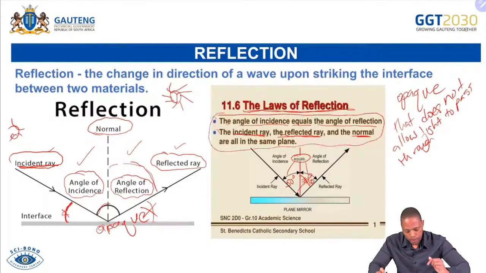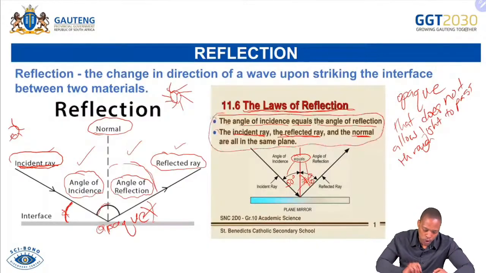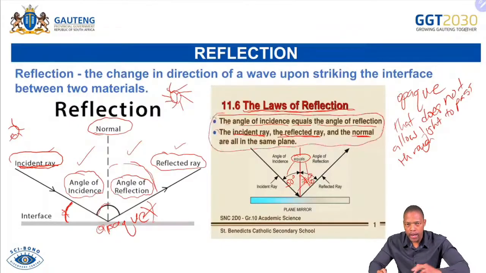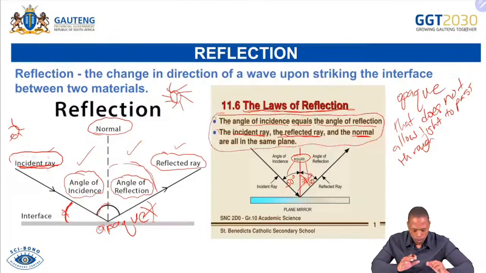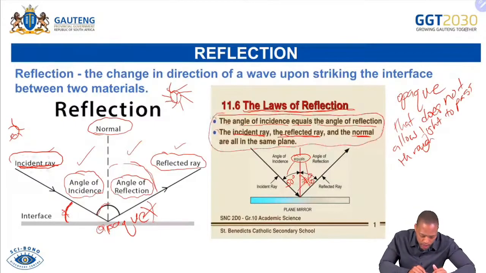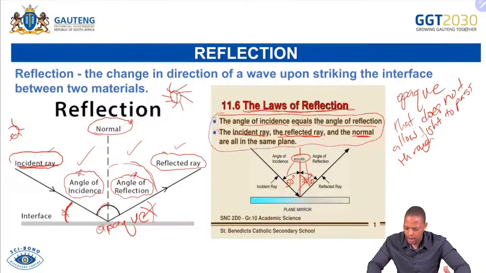Grade 12, be careful every time when you draw. You must always indicate and label these rays. Drawing the reflection only is not enough. So you must always label the incident ray, reflected ray, angle of reflection, and angle of incidence. Label the normal, and also label your material, if you were told what material you are working with.